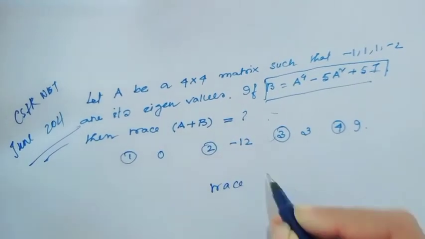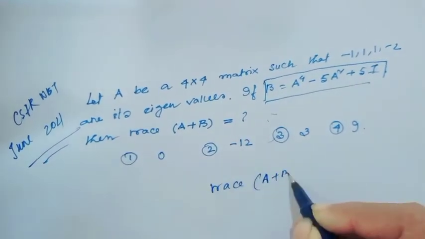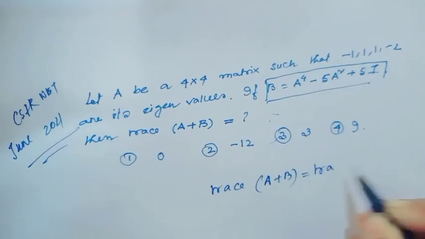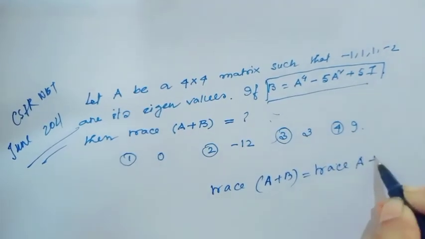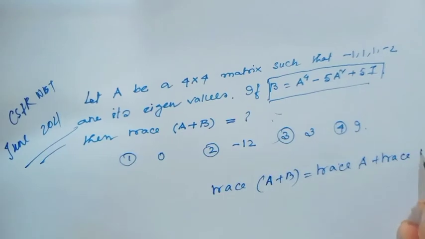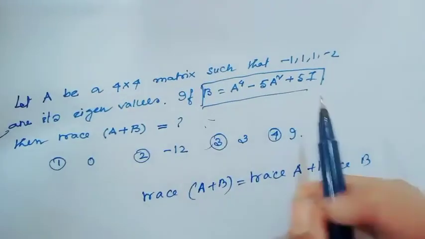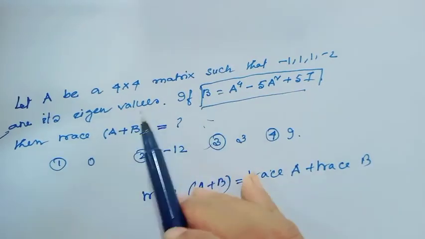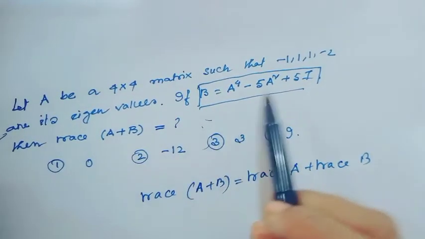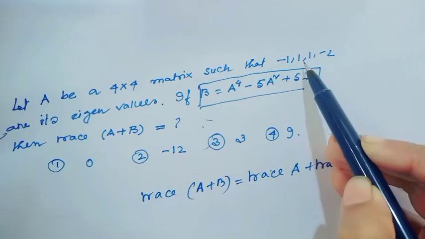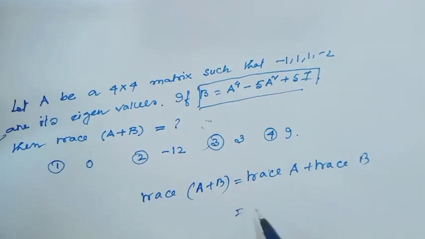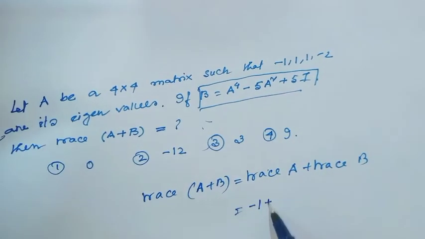We all of us know trace of A plus B means obviously trace is a linear operator. So this would be trace of A plus trace of B. And since the eigenvalues of the matrix A are given as -1, 1, 1, -2, obviously trace means sum of the eigenvalues.